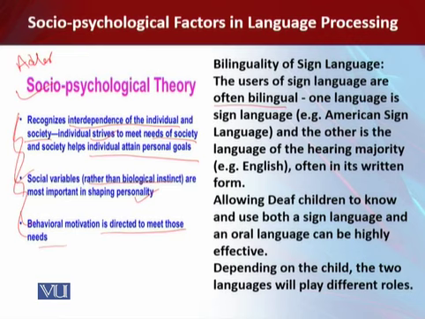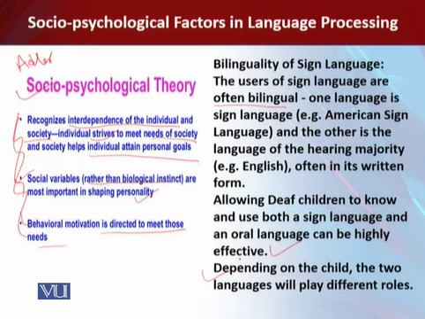Now, research shows that allowing deaf children to know and use both a sign language and an oral language can be highly effective. It is the optimal combination that will allow these children to meet their many needs, that is, communicate early with their parents, develop their cognitive abilities, acquire knowledge of the world, communicate fully with this world, and so on.